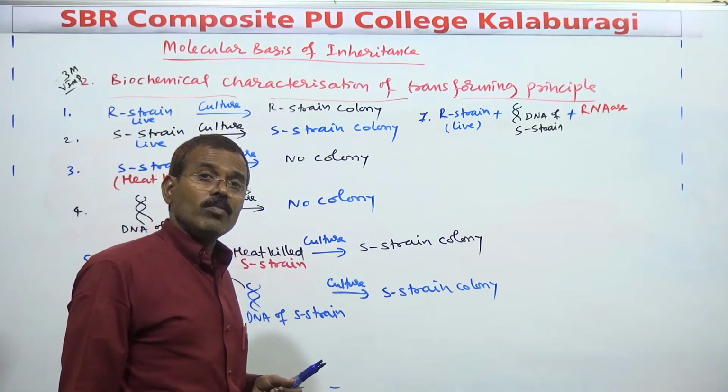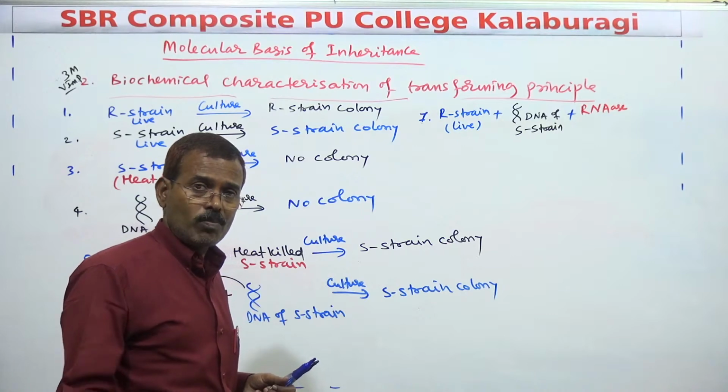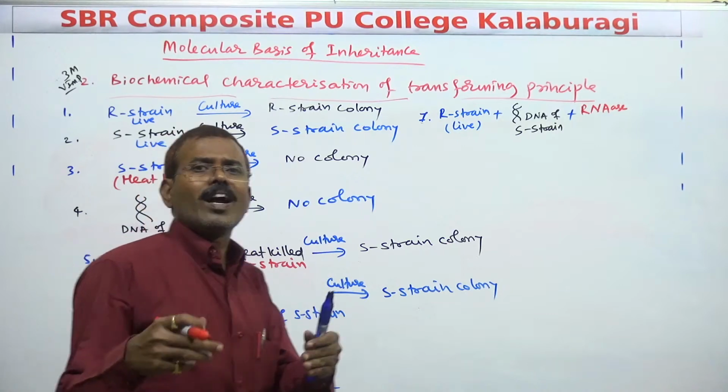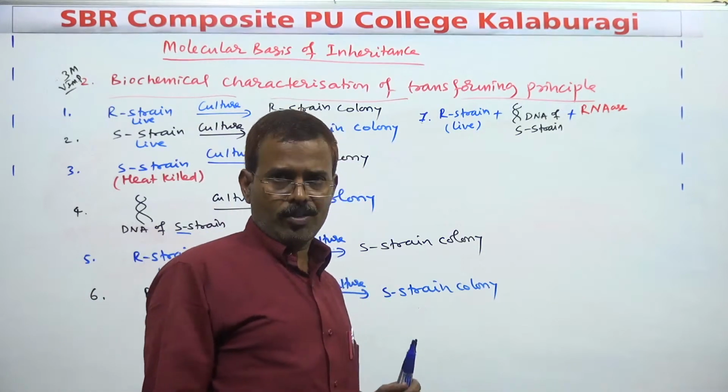Ribonuclease enzyme is a kind of nuclease enzyme which breaks down the RNA into its components, that is nucleotides.